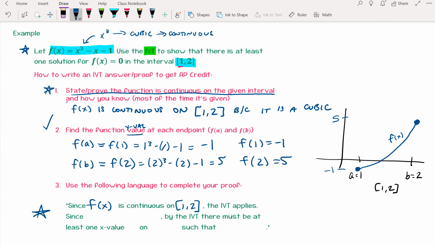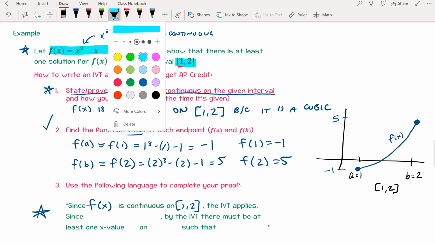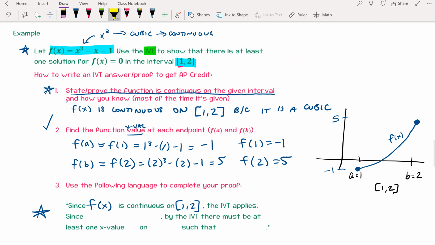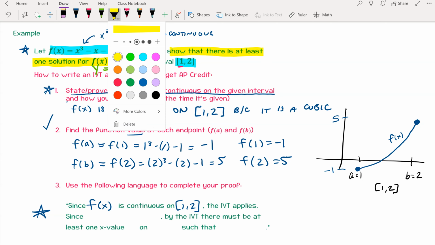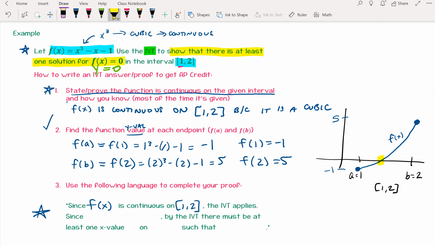Okay, let's look at what we're trying to prove. Show that there is at least one solution for f of x equals 0. That's saying for y equals 0. Does that have to be true? Look at your graph. At some point between x equals a and x equals b, y has to equal 0 because our function's continuous.